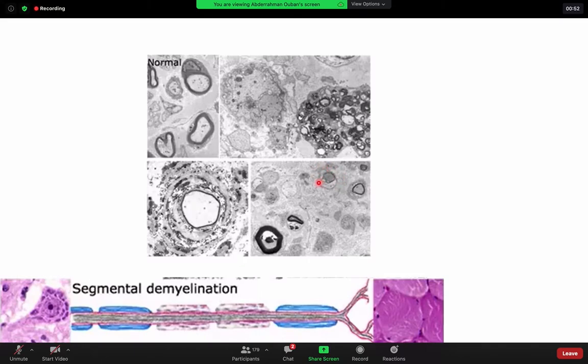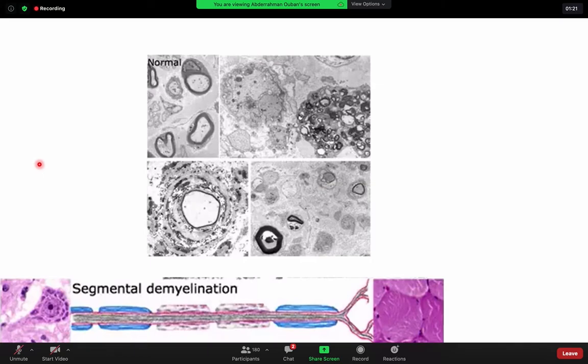Now, in the left upper corner, right here, you look at the sheath of those axons, and they are nowhere to be found. So you see the demyelinated, you see the thinly myelinated, and you see the normal myelination of this axon in one picture. A nice picture. All right.